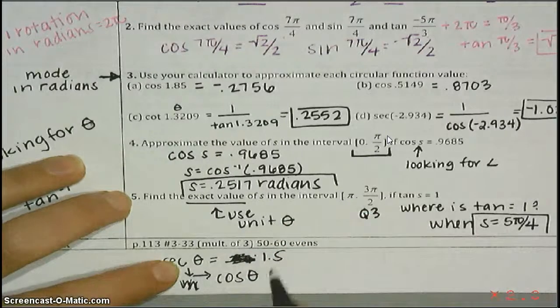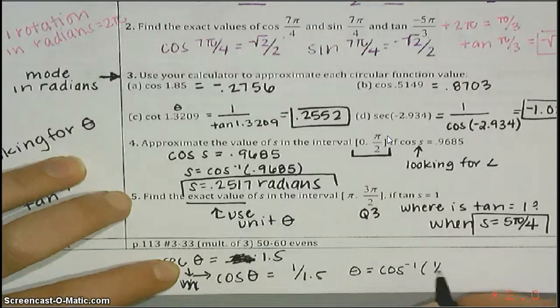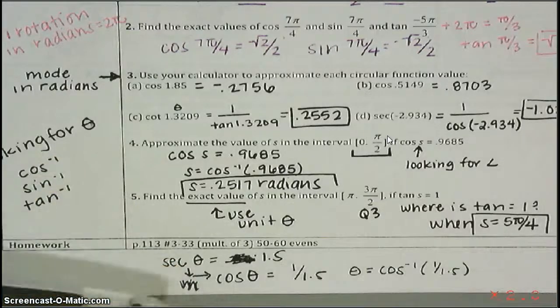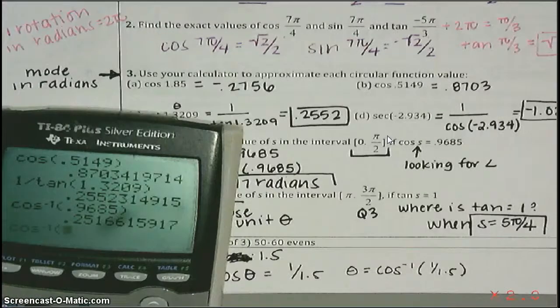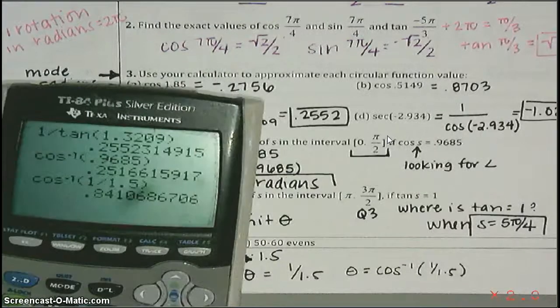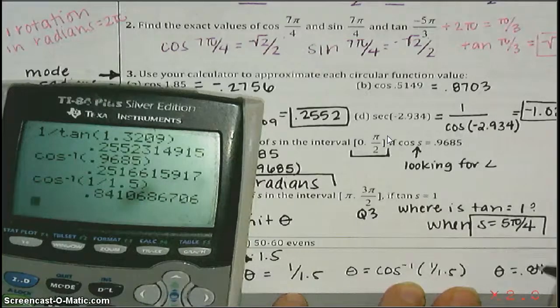If secant is equal to 1.5, that means that cosine is equal to 1 divided by 1.5, and then you can do the cosine inverse. We did this last chapter, I think it was section 2.3, where we did this, so you can reference back to that. We did it in degrees instead of radians, so this would be 0.841 radians.